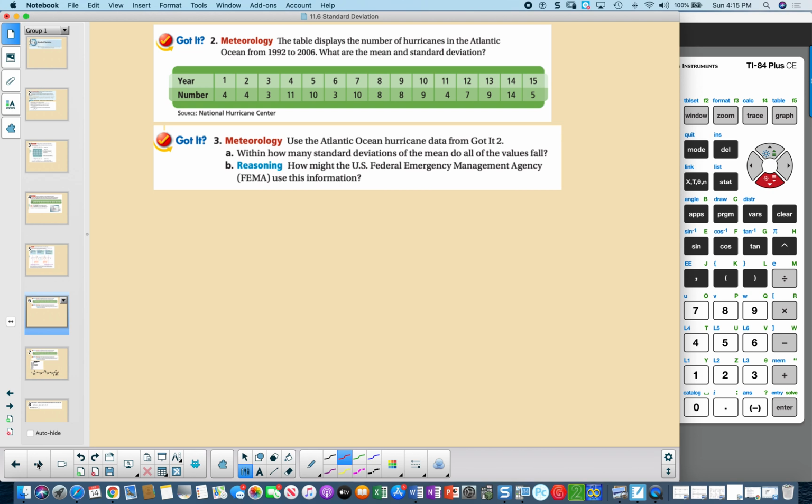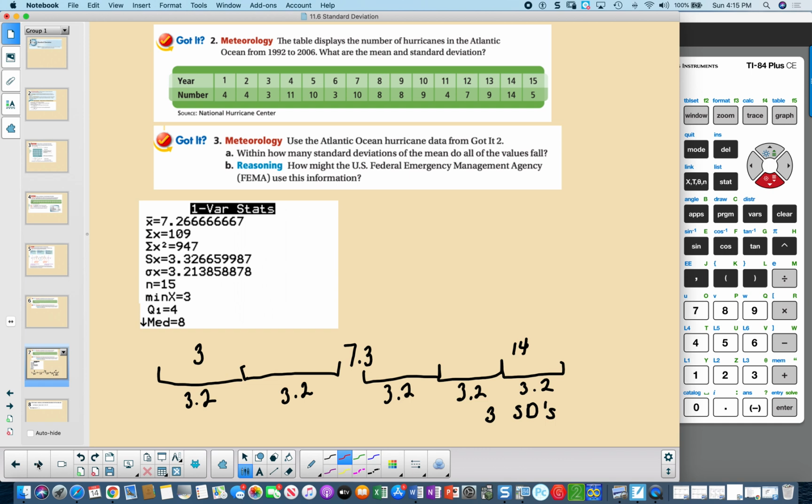All right, let's take a look at a new set of data. This is the number of hurricanes in the Atlantic Ocean. And we are going to find the standard deviation, and then we're going to find out how many standard deviations from the mean all the values fall. So I'm going to put that in the calculator, and here is the result.